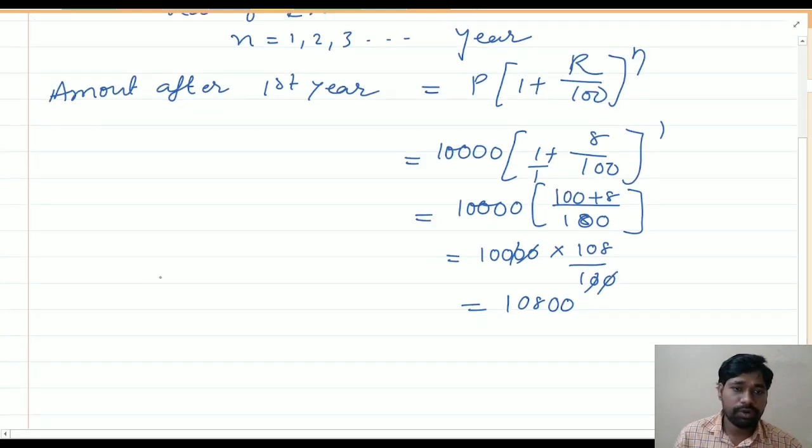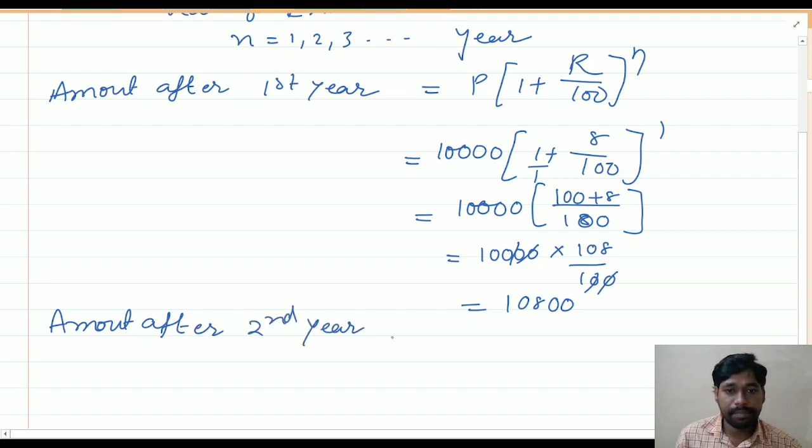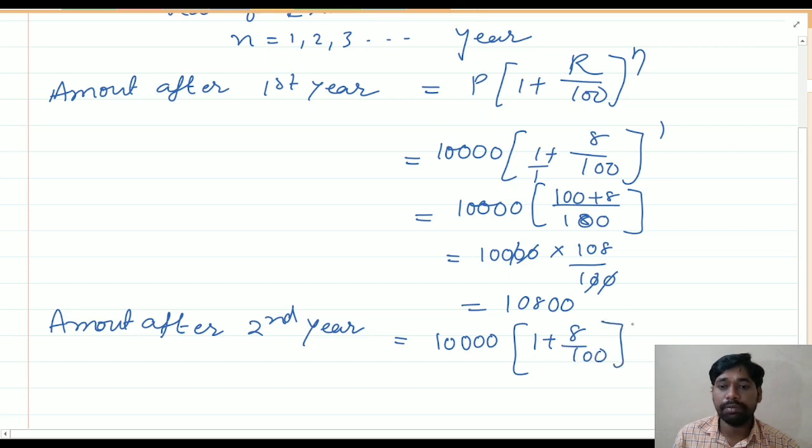Similarly, amount after second year, that is 10,000 of 1 plus 8 by 100. So n will become 2 because it is 2 years.